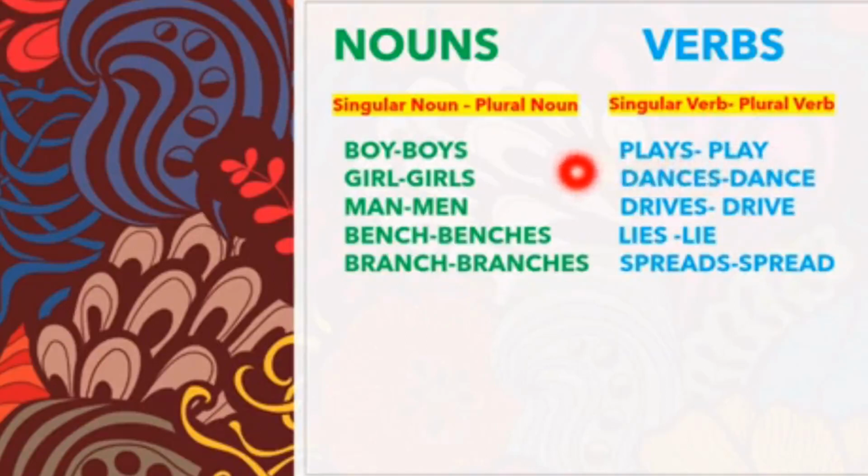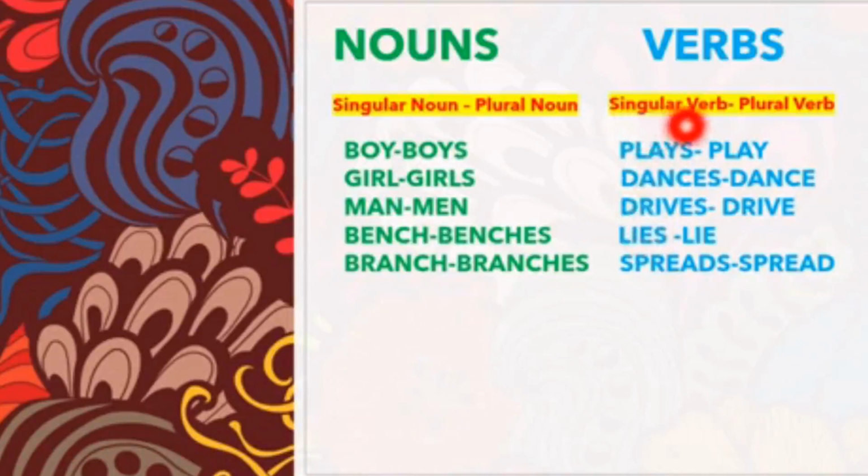So that is a difference, children. For a singular noun we are not adding s, but for a singular verb we have to add s or es. So that is a difference which you should know before starting our concept subject and verb agreement.